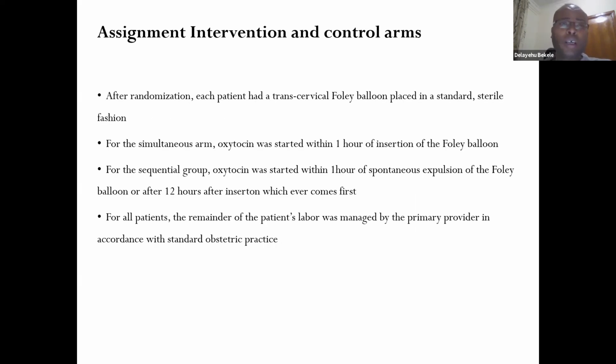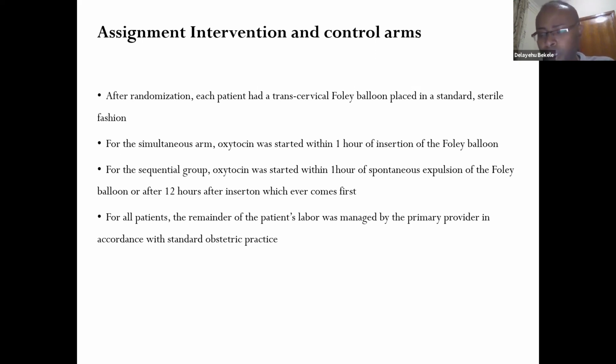For patients in the simultaneous arm, oxytocin was started within 1 hour of the insertion of the Foley balloon catheter. For the sequential group, oxytocin was started within 1 hour of spontaneous expulsion of the Foley balloon, or after 12 hours of insertion, whichever came first.